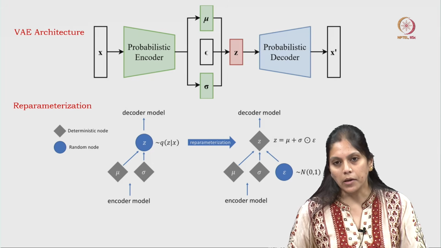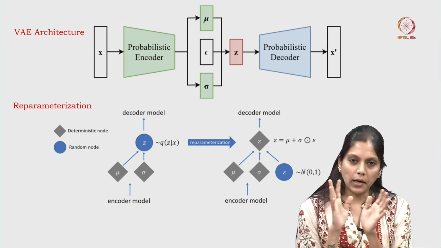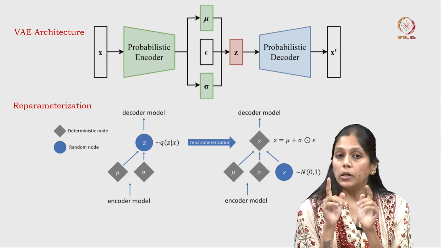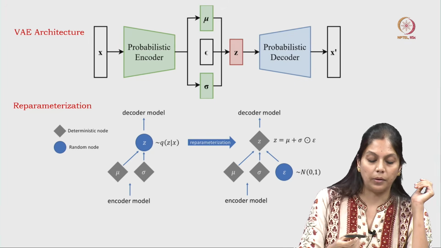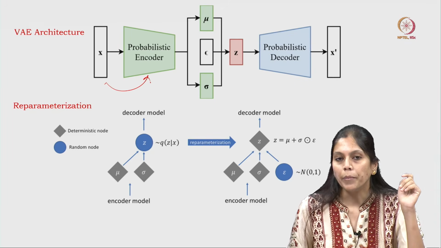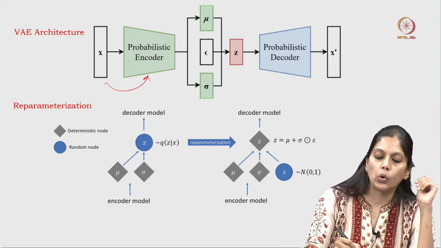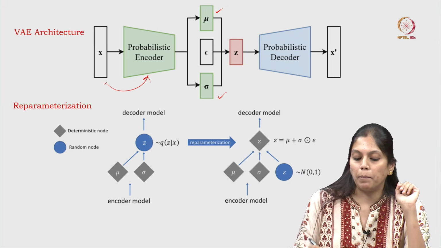So far we have never seen the complete architecture of VAE. We had seen it bit by bit. So this is the complete architecture of VAE. We have an input X that is passed to a probabilistic encoder, and the encoder gives us this output. And how are we sampling Z?